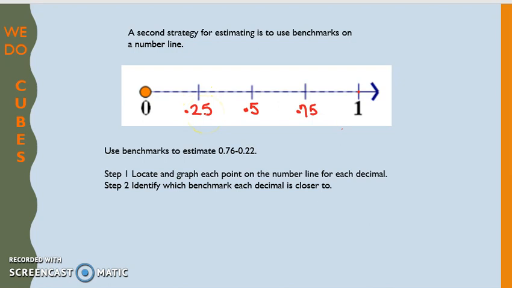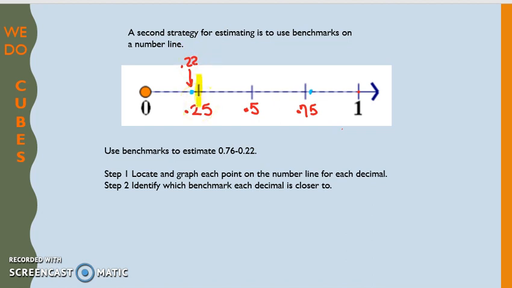So now we need to locate and graph each point on the number line for each decimal. We're going to locate 0.76. Well, 0.76 is barely past 0.75 right here. And 0.22, we know it's a little bit less than 0.25, so I'm going to place it about there. Now we have our two points. Next, we're going to identify which benchmark each decimal is closer to in order to come up with our estimate. For 0.22, the benchmark it's closest to is 0.25.